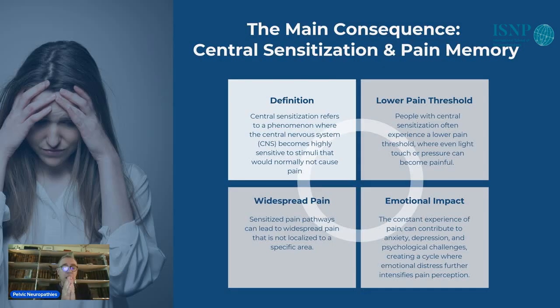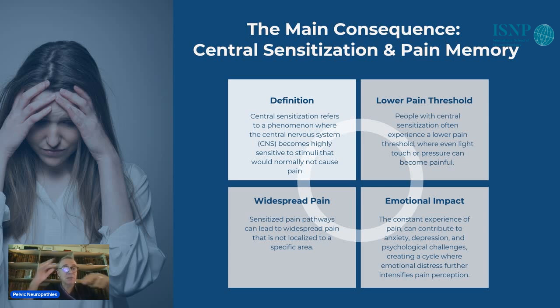And one of the main problems of this direction is what we call central sensitization, or what I call the pain memory. The pain will be fixed in your brain, and it will be very, very difficult to take this information out of your brain, with huge emotional impact and widespread pain.